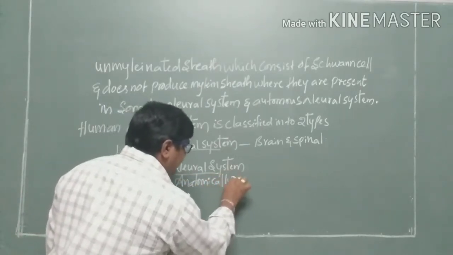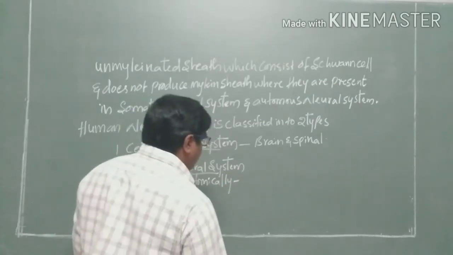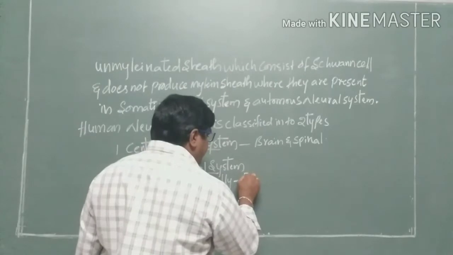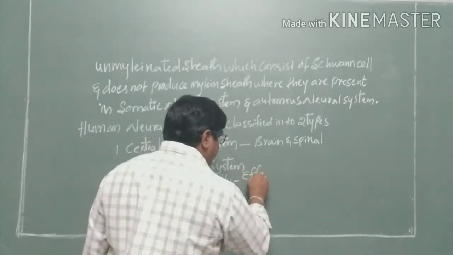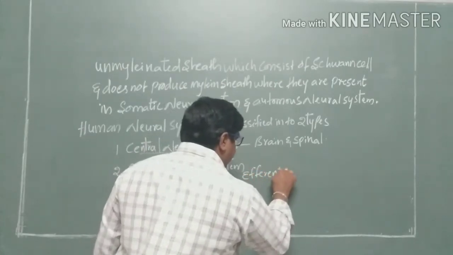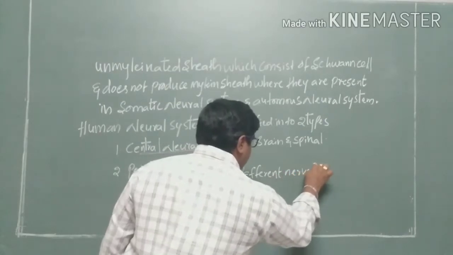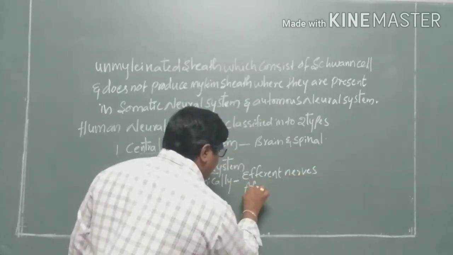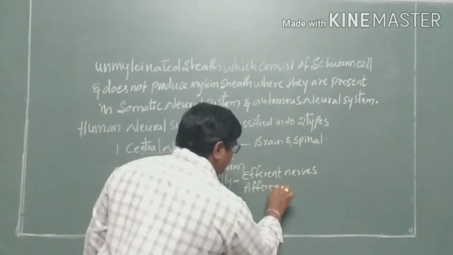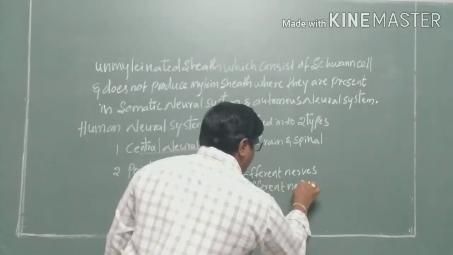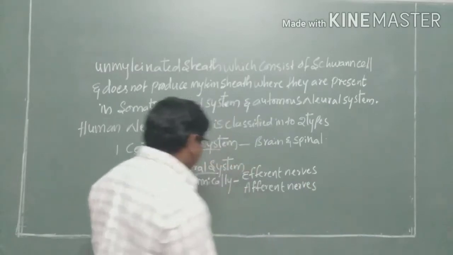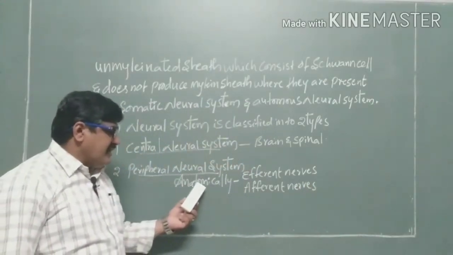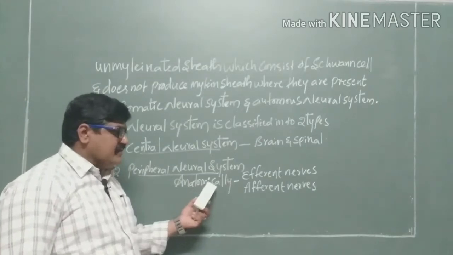It is divided into two types, that is, they are present in the form of afferent nerves as well as efferent nerves. So the peripheral nervous system is classified anatomically into two types.